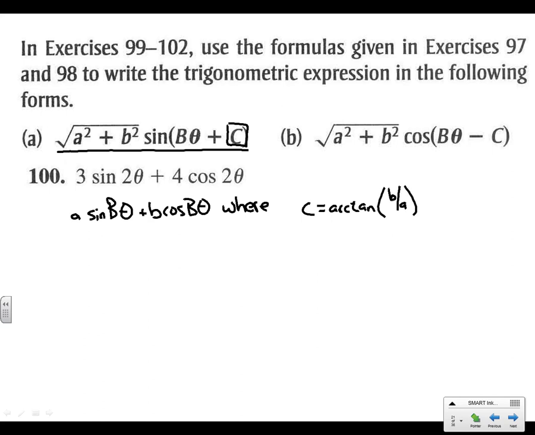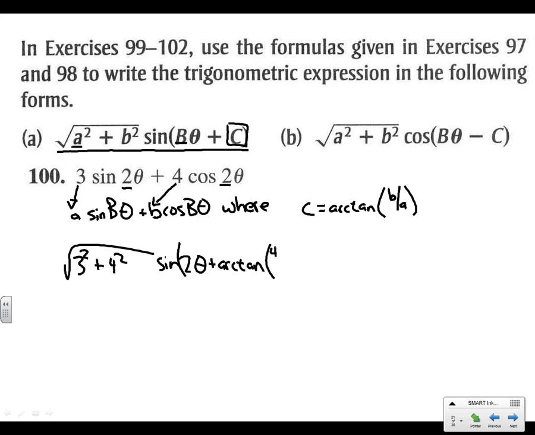All right, so we're going to match this up. 3 is our little a, so we go back into our formula and say square root of 3 squared plus 4 is our little b, so 4 squared sine, our big B is the 2 here, theta, plus, says C is the arctan of b over a, and we said little b over little a.